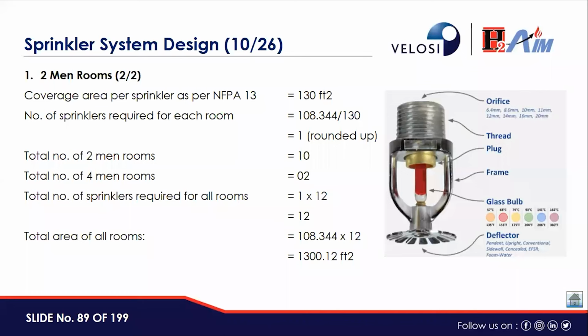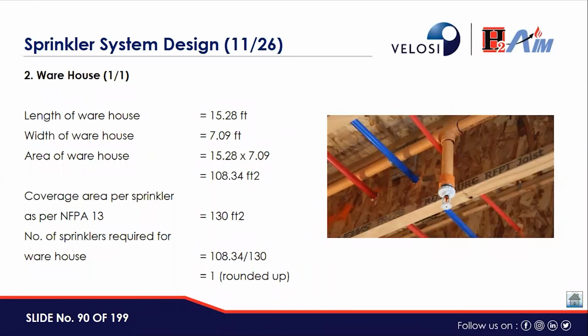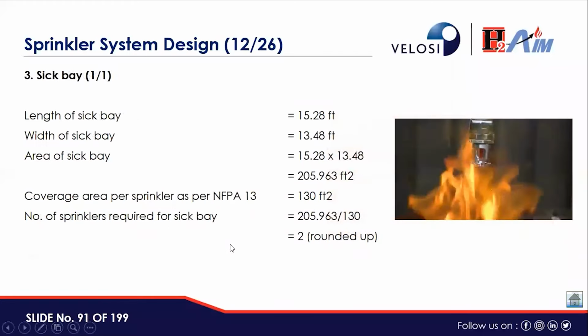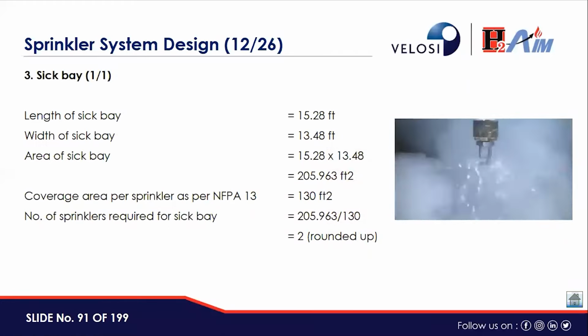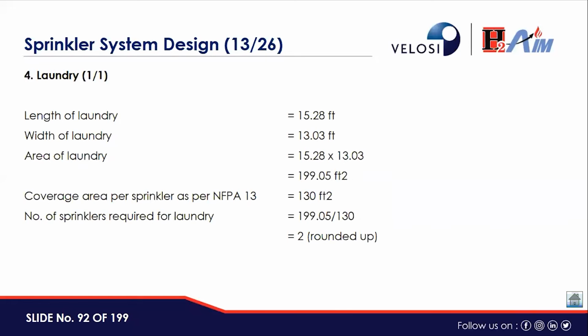Similarly, for the warehouse, length was 15.28 feet, and with the width of the warehouse, area is length into width, we get 108.34 feet square. As per NFPA 13, the coverage area is 130. So area divided by coverage area, we get the number of sprinklers as 1. Similarly, the same calculation for sick bay and laundry as well.